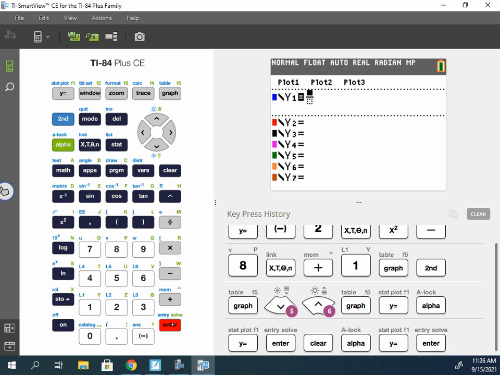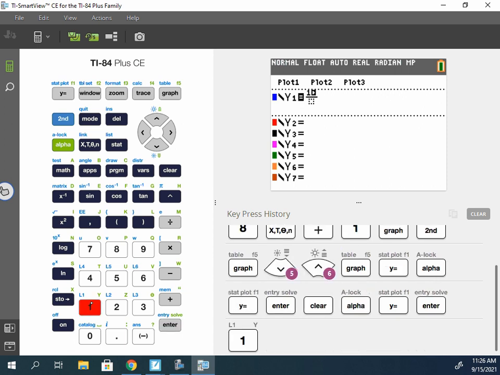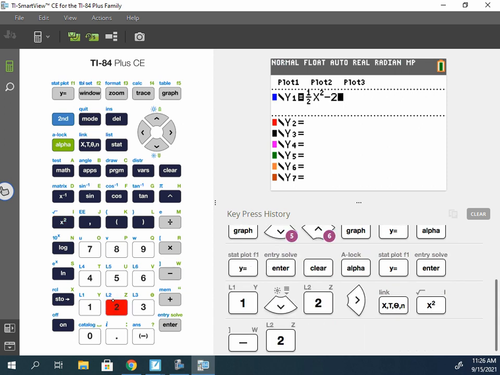So I cleared it, and then when alpha y equals enter, the function's gone. Now our first value is 1/2 x squared minus 2x minus 1.